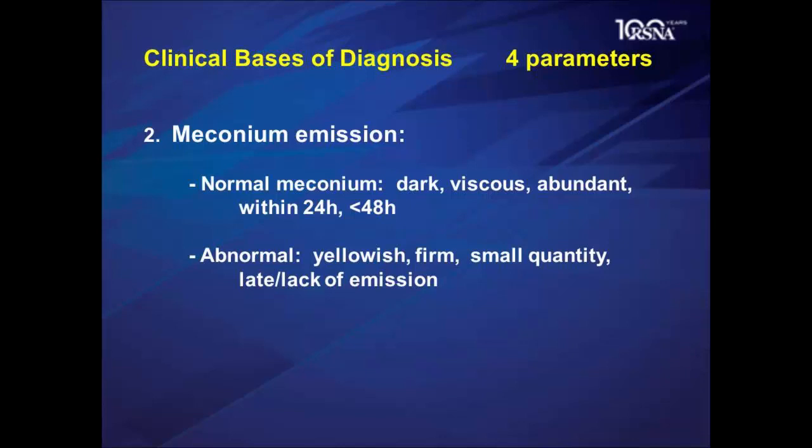Hence, in an abnormal situation of meconium emission, the meconium expelled is usually yellowish, firm, chalky, of small quantity. So it would appear late, or actually no meconium emission. So this is the most common indication for studies, and then we would see a few examples.